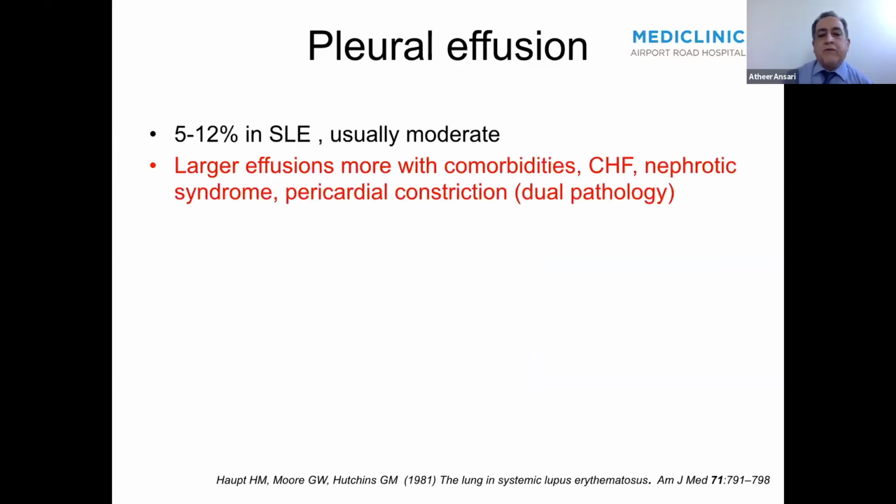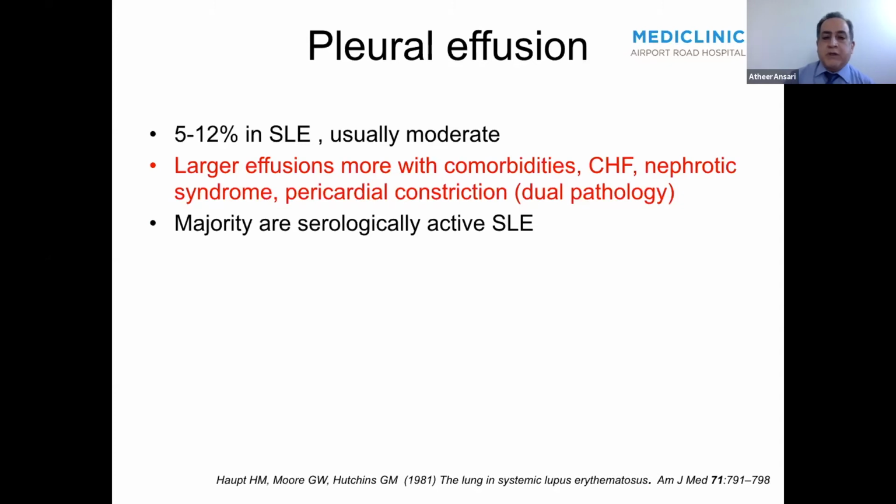When it comes to effusion, it could be part of the pleuritis. But when it is large enough, you always have to think of comorbidity. Comorbidity is common in lupus patients, so keep that in mind.